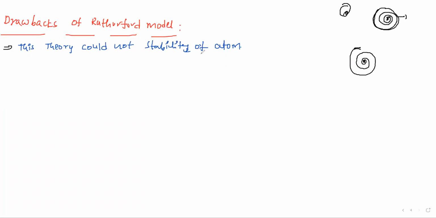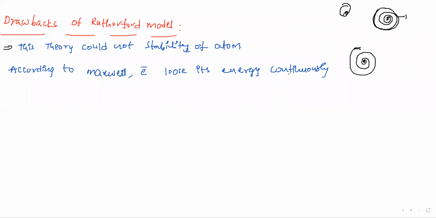According to Maxwell, the electron loses its energy continuously in the form of electromagnetic radiation.